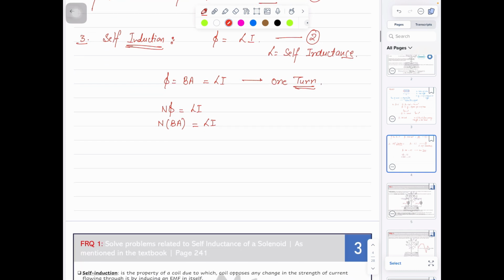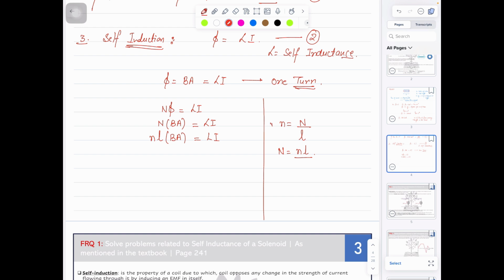Solve this. We know small n is capital N divided by L, so capital N is equal to small n times L. So small n times L times B A is equal to L I. Just remember this, because one more step and you will understand the formula.